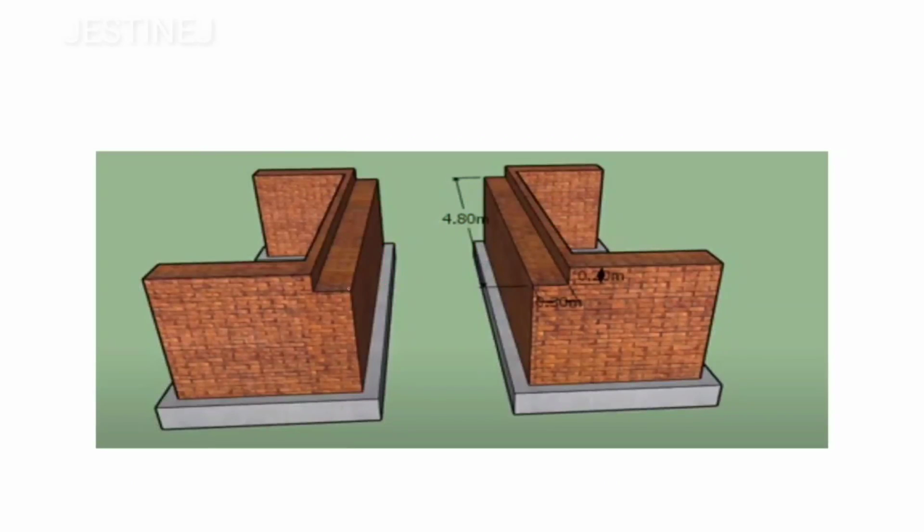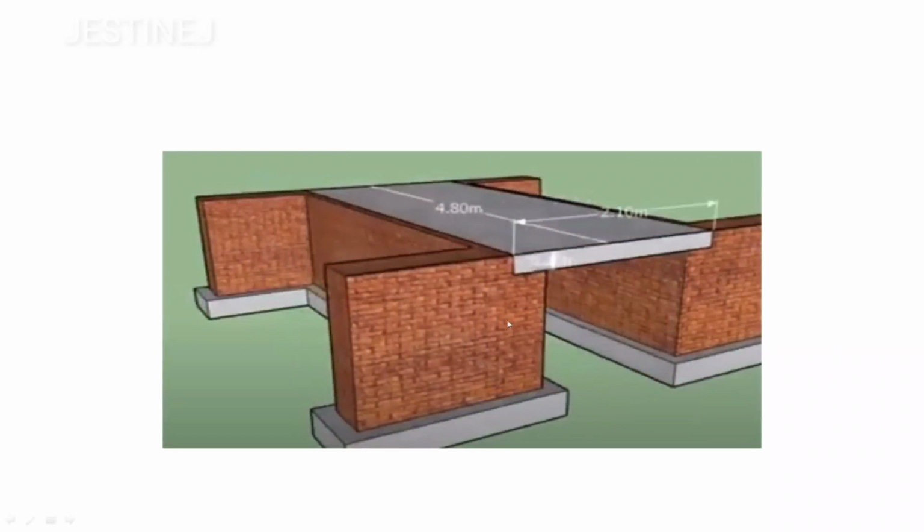After that we have to place a slab over this layer. Actually in our calculation we have added this quantity also, so at the end we will reduce this quantity. Here you can observe that the slab is placed over that particular portion.